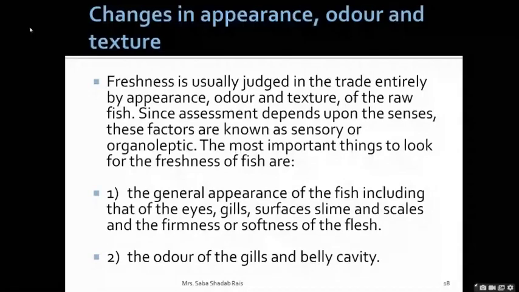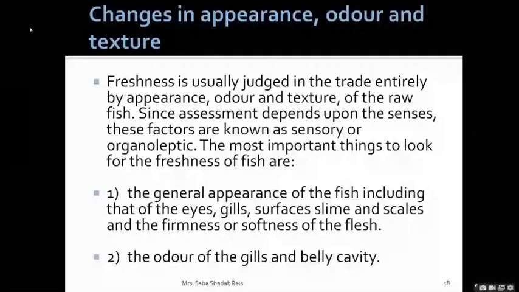Now see, a peculiar smell is always there in the fish. If you go to the fish market and it is stinking, it does not mean that all the fish are stale, because a peculiar smell is always there in the body of the fish. Out of that, if some other foul smell, that means the oxidation smell or autolysis smell, is coming, at that time the fish will be called stale.